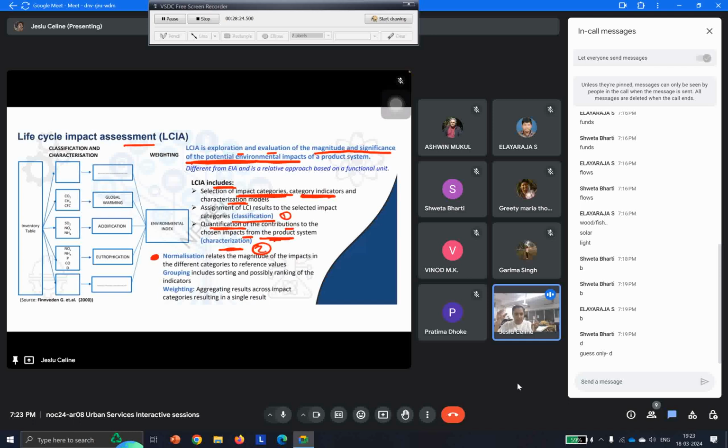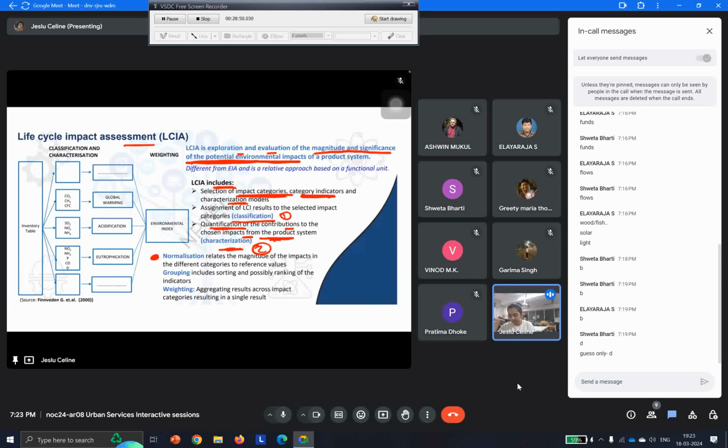So we need to normalize it, or bring it to a certain scale, because different elements will have different indicators or different aspects. So all these indicators will have to be taken, and finally we need to put all these impacts into a certain form so that we can compare all these different products easily.